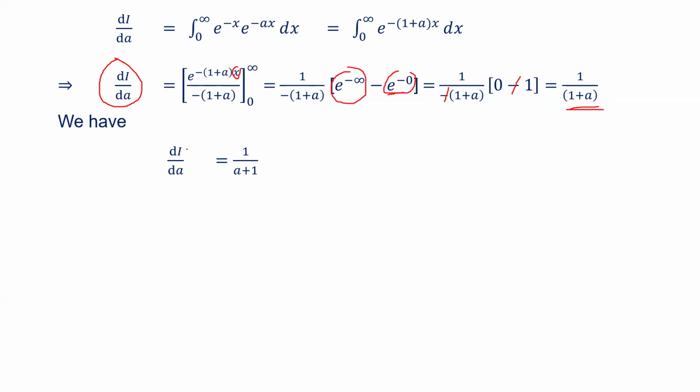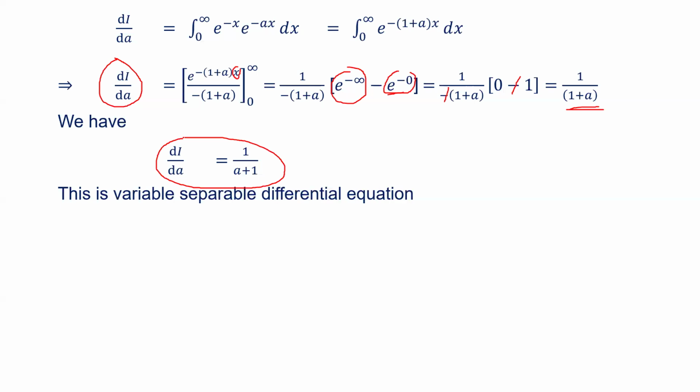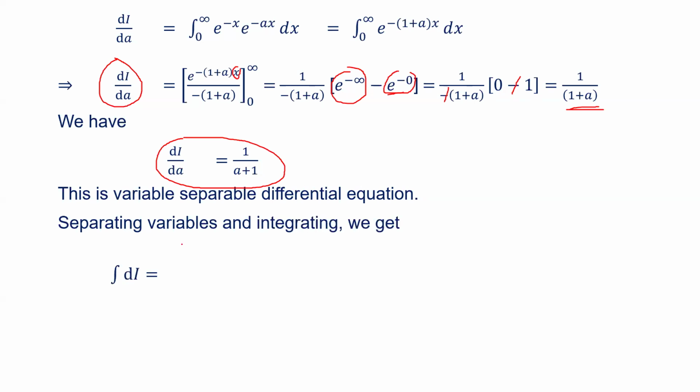Now, this is a differential equation of variable separable form. So separating variables and integrating it, we have the integration of dI, which is equal to the integration of 1 upon a plus 1 with respect to a, plus an integrating constant c.